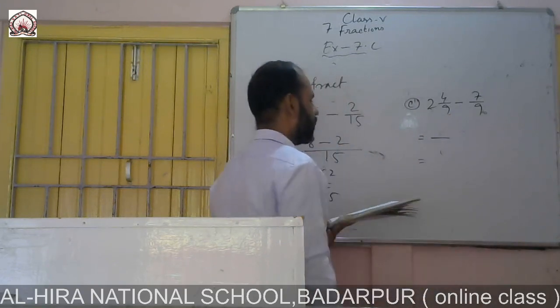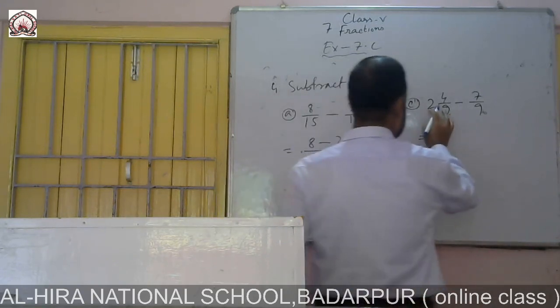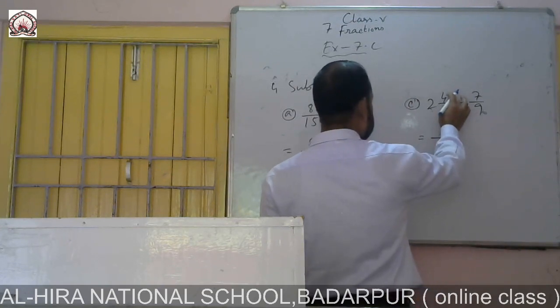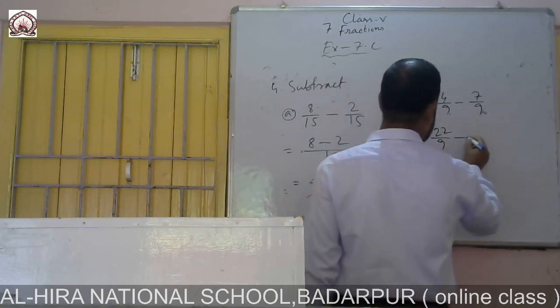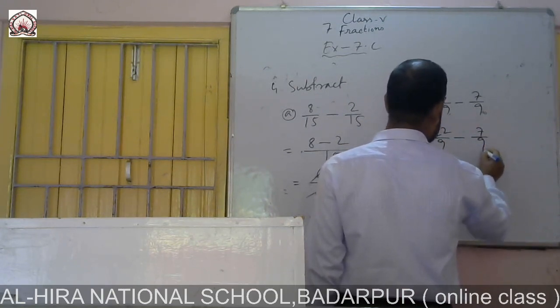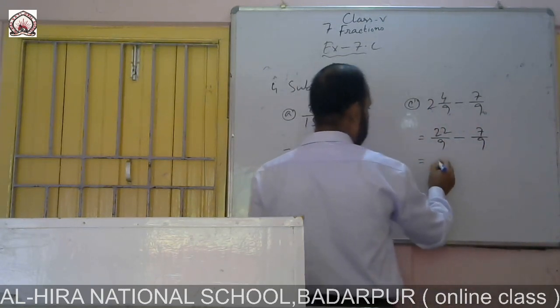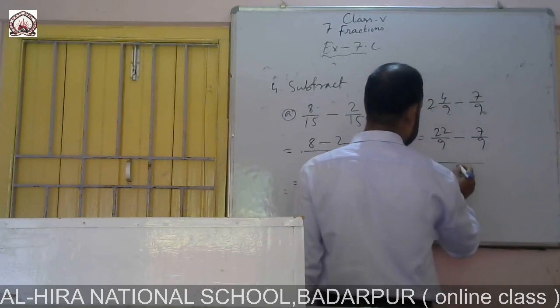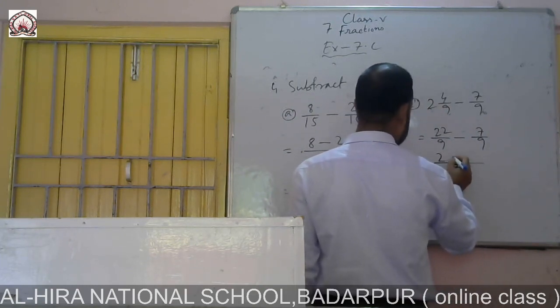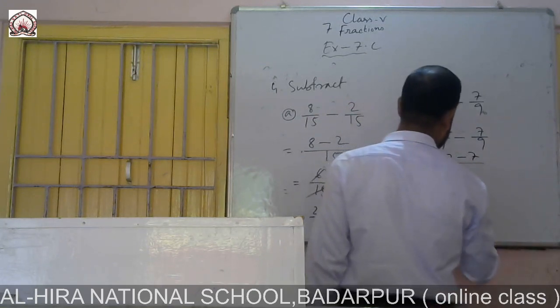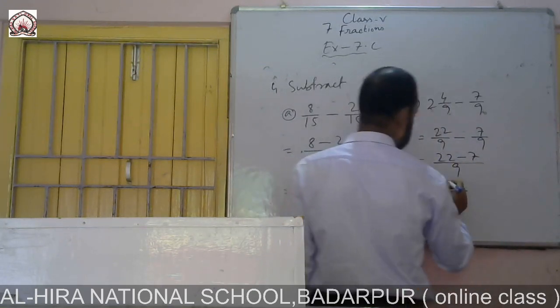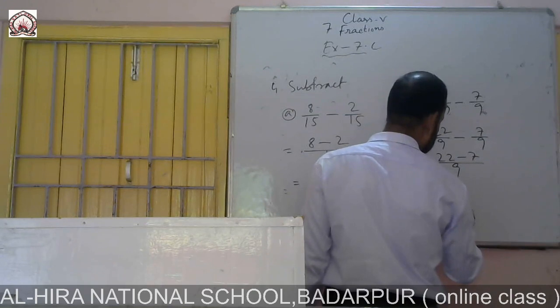This one is a mixed fraction, we change it into an improper fraction. 2 9 jar 18, 18 plus 2, 22. 22 by 9 minus 7 by 9. So here we take 9, the 9s are the same. 22 minus 7 is equal to 15 by 9.